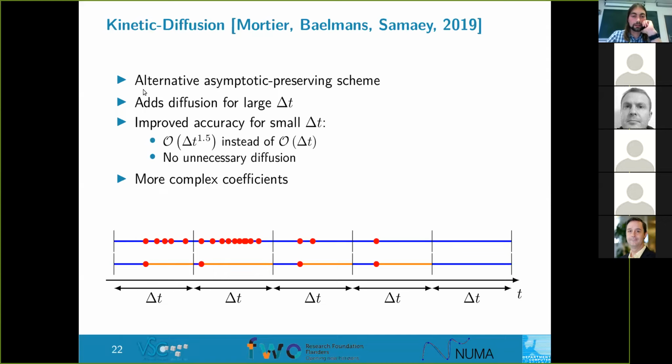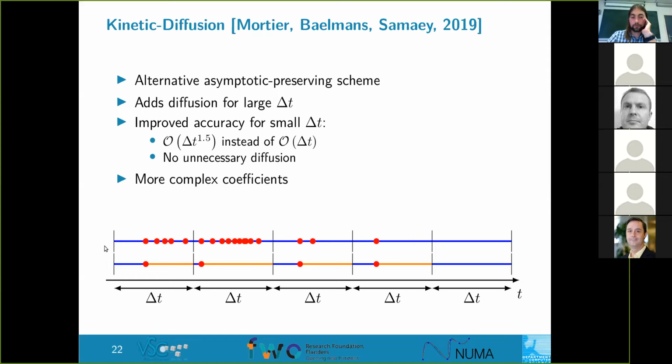And this scheme is basically an alternative for the asymptotic-preserving scheme that I presented at the beginning of this talk. Where we had the fixed time steps, and we added this artificial diffusion to stabilize the equation, well, they take a different approach here. They also add some kind of artificial diffusion.